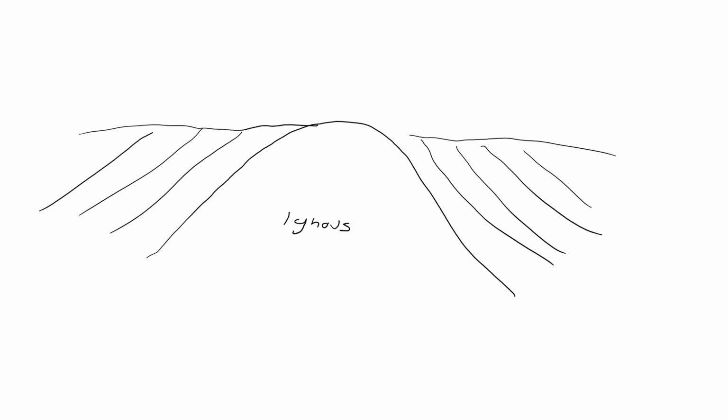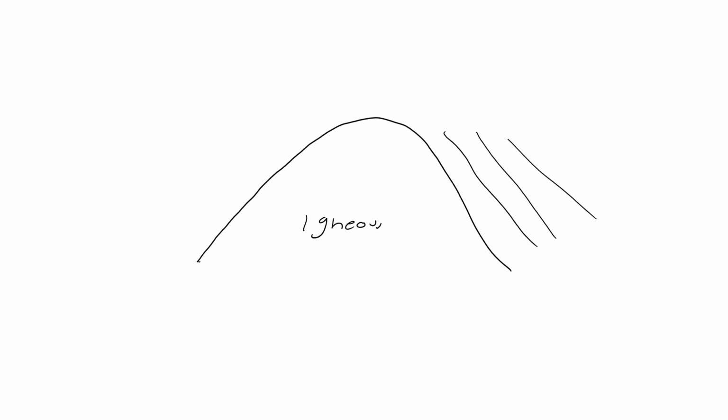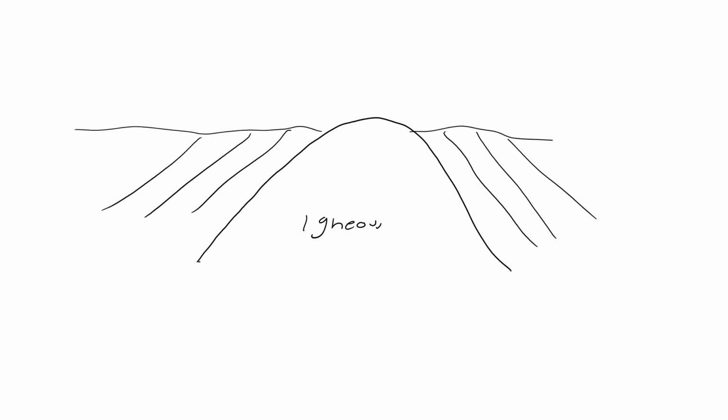Let's do this again. Okay, so here, this is just not cooperating with me. All right, so we have igneous rock here in the middle. And then we have sort of dipping sedimentary rocks off to the side like this. And then here's the ground surface there.